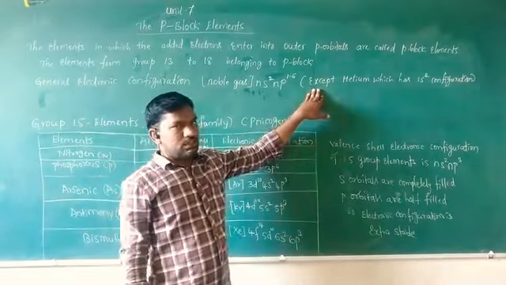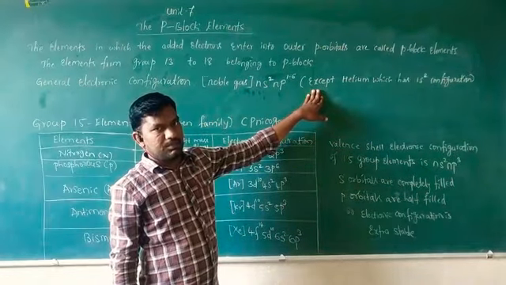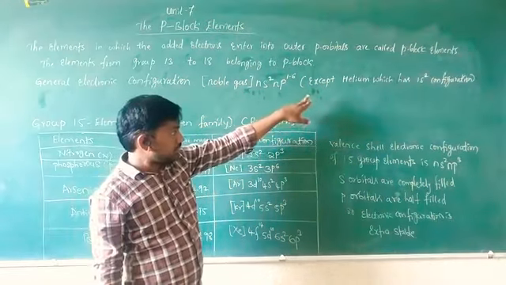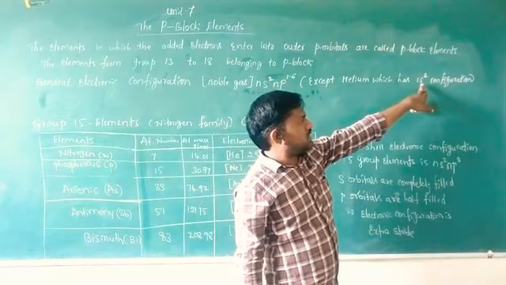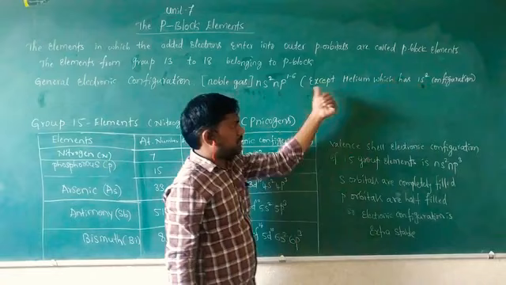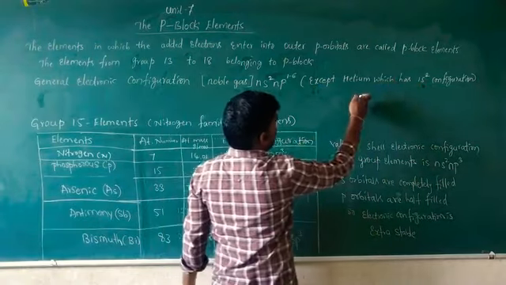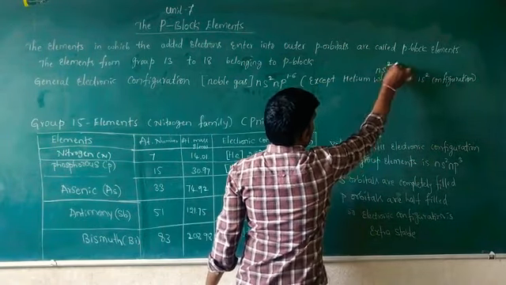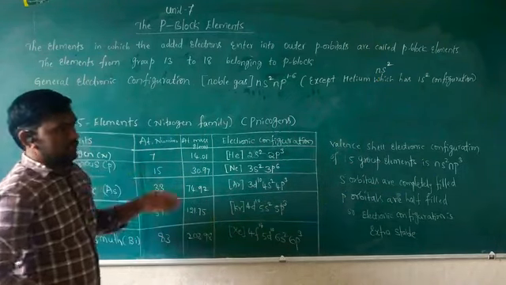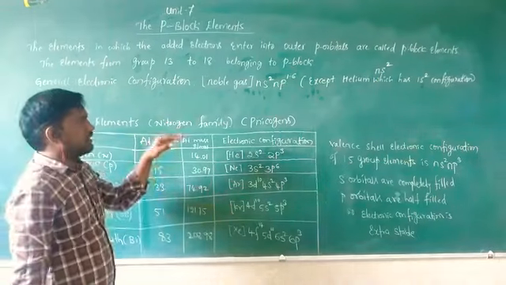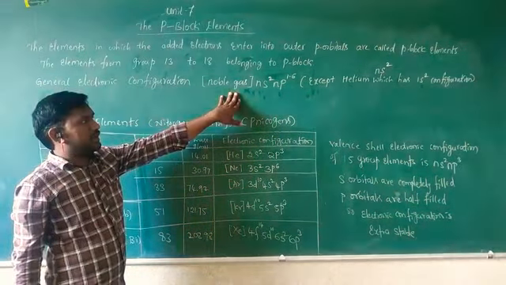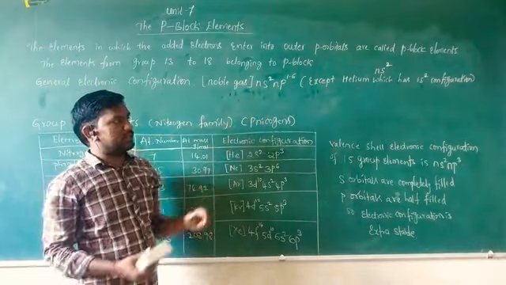In period 1 there are only two elements, hydrogen and helium, and helium is a p block element with electronic configuration 1s2, atomic number 2, so it is not applicable for helium. For periods 2, 3, 4, 5, 6, 7 the general electronic configuration is the noble gas followed by ns2 np1 to 6.